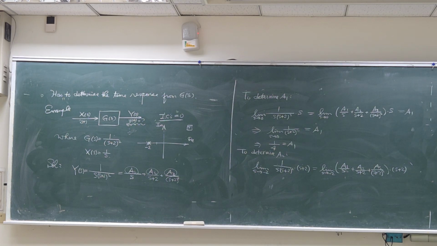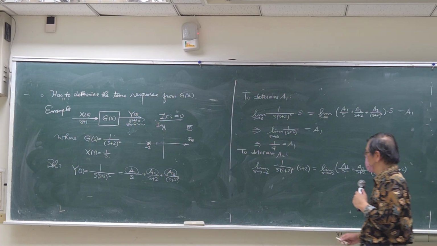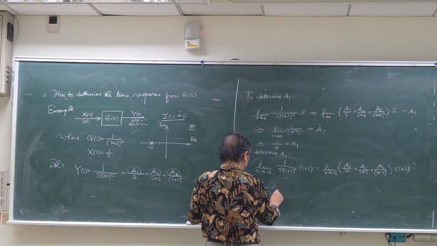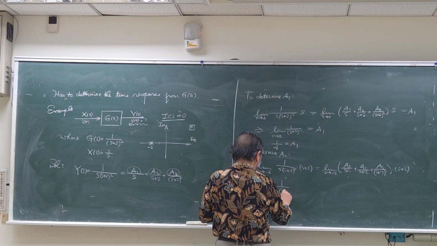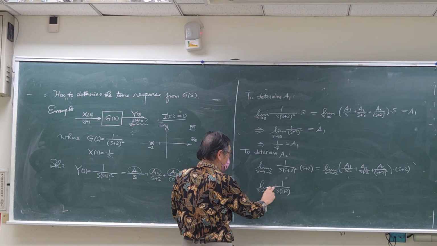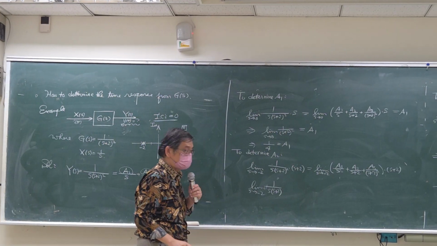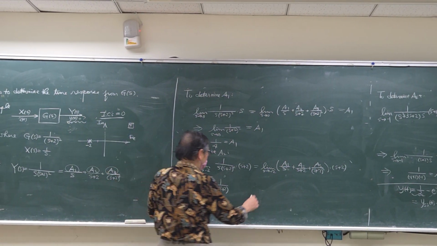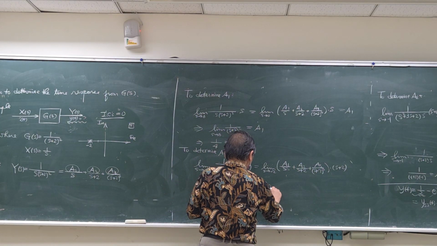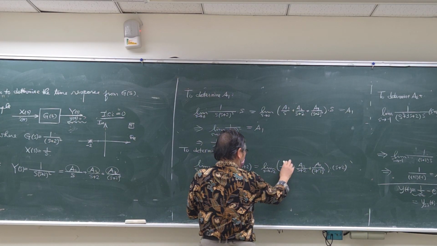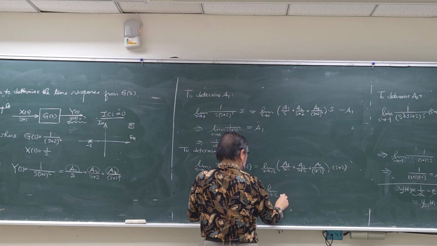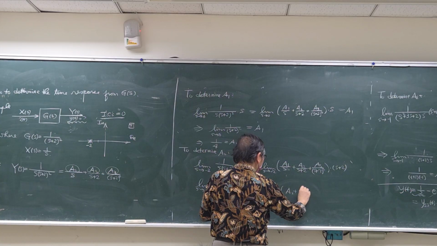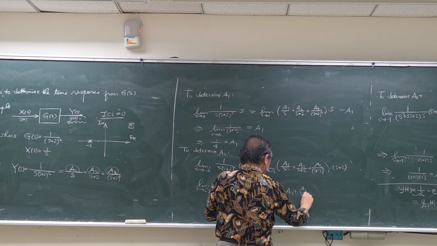But what will happen? So on the left side, you are going to have 1 over s times (s+2). Okay, and then on the right hand side, this guy has A1 over s, it disappears, fine. But then we have A2 plus A3 over (s+2).